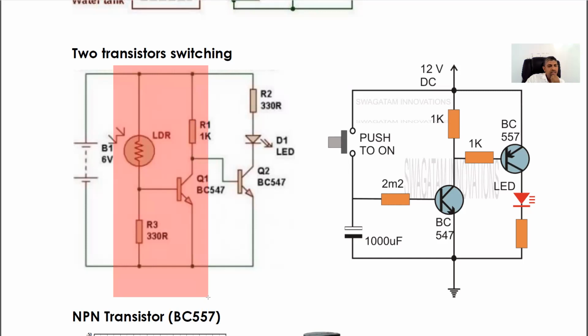This is the light detector that we constructed earlier. So it is better to use a 1K resistor here, and you can use an LED also, so you can see a visible output. That's it. Later we can connect the other LED and observe. It's two-stage switching.